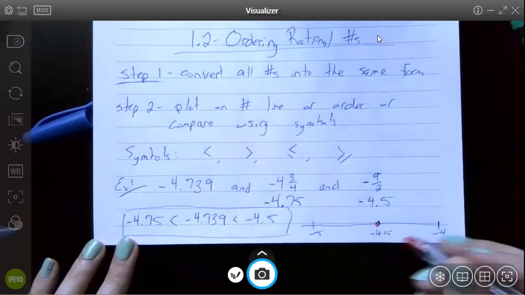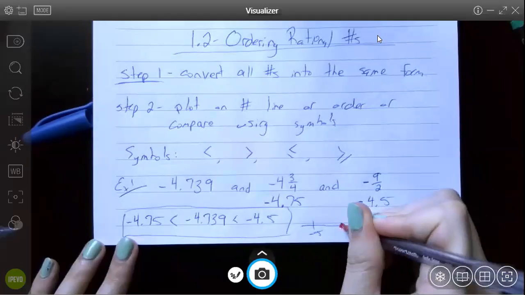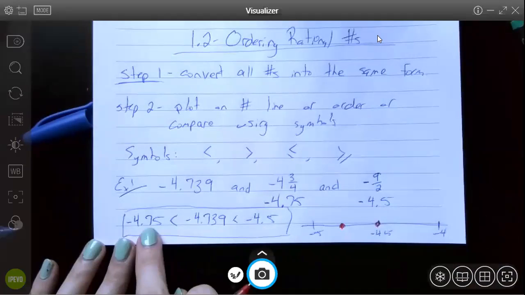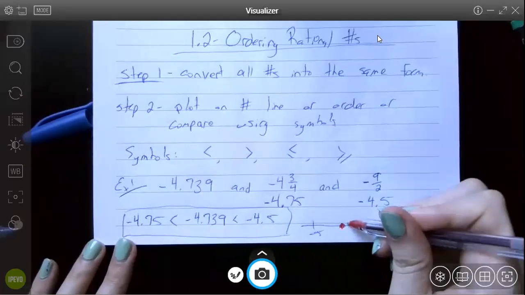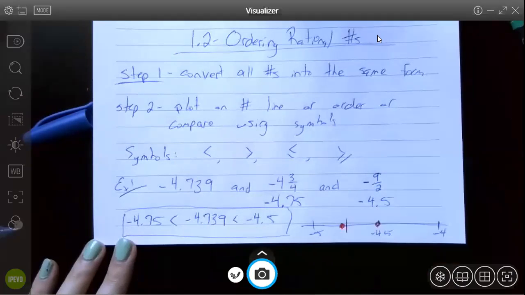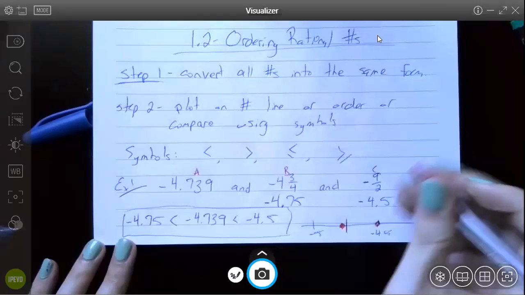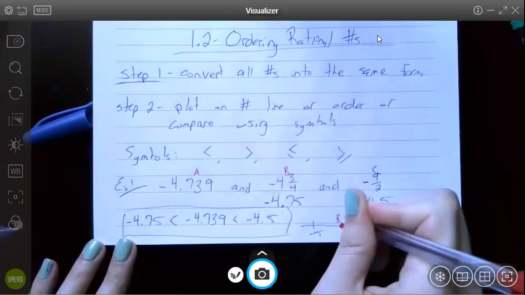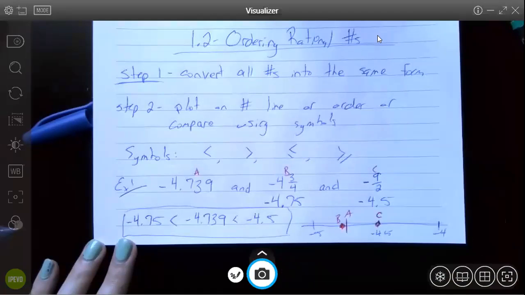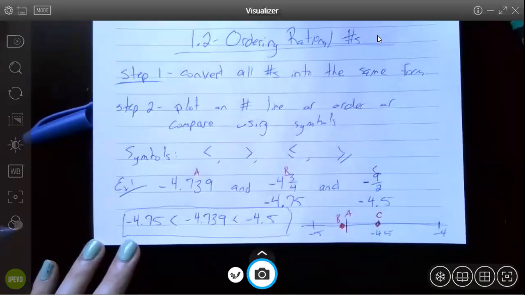And then halfway between those would be your -4.75. And this middle one would be like right around here. It would be pretty close to the other one. So if we called these A, B, and C, this would be C here, B, and A. Okay, so you can put them on a number line or order them or put symbols between them.